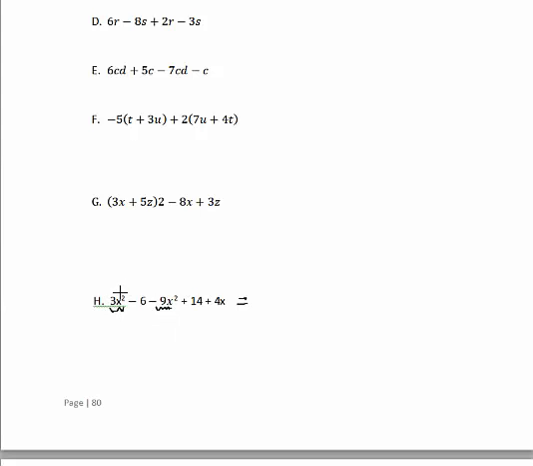Notice that these two terms, the 3x squared and the minus 9x squared, are not like the 4x. Yeah, they all have an x, but these first two x terms have x squared. So this exponent for the 4x is different from these two terms.